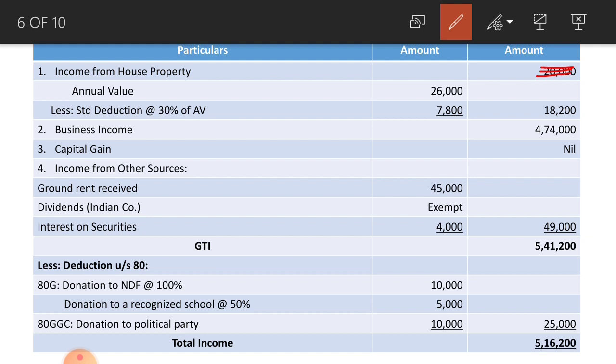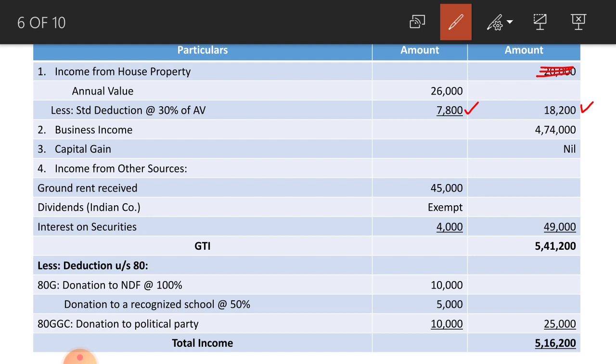That is why you have to consider rent from house property as annual value, that is 26,000, and from that you have to deduct standard deduction at the rate of 30% of annual value, that amounts to rupees 7,800. So when you deduct this 7,800 from 26,000, you get income from house property as 18,200 rupees. Next one you have to write business income, 4,74,000.